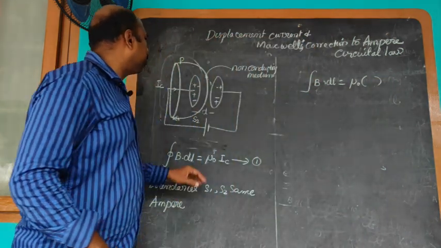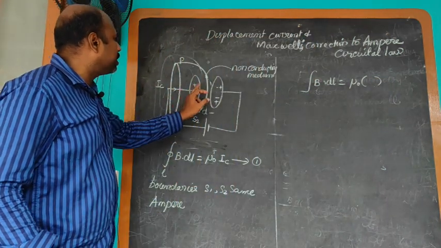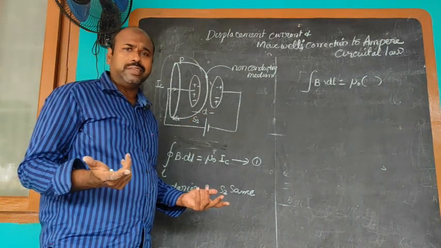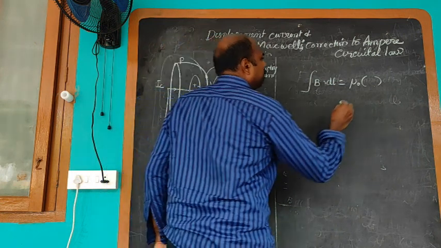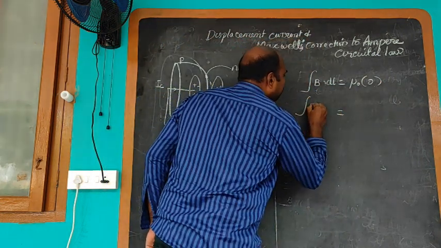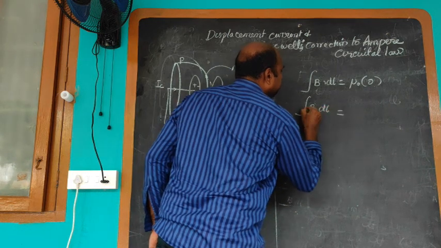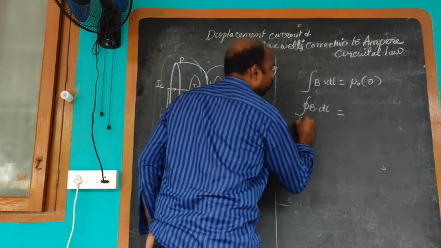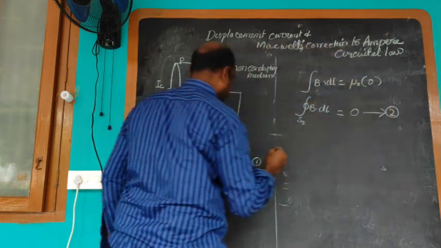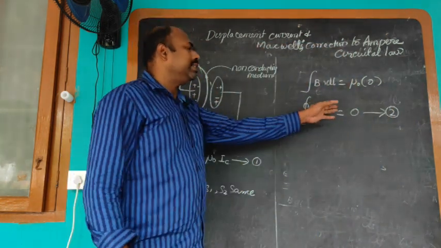What is the current passing through the surface S2? There is no current passing through the surface S2. Zero current is passing. So the value of B dot dl in the closed loop of S2 is equal to 0. You take this as equation 2, and the earlier one as equation 1.